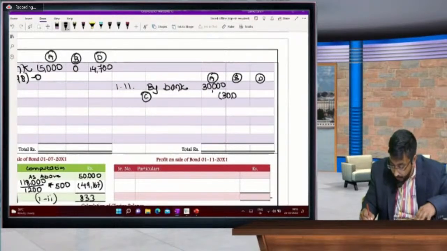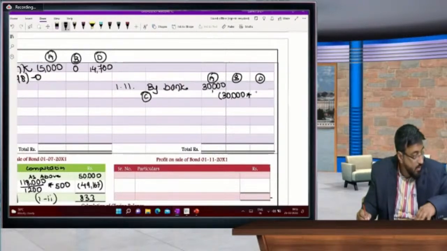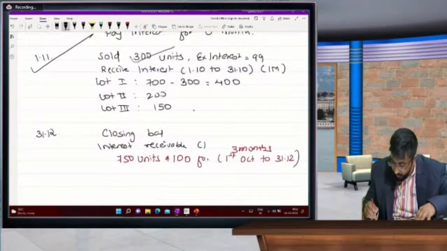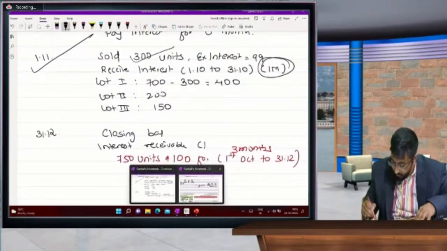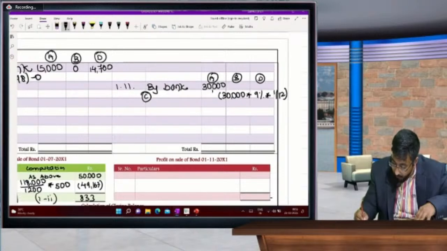Then beta, 30,000 into 9% into, अरे लिखा था ना हमने कितने मंथ्स का? 1 month ना? 1 month. 1 by 12. How much? 225. At what price?